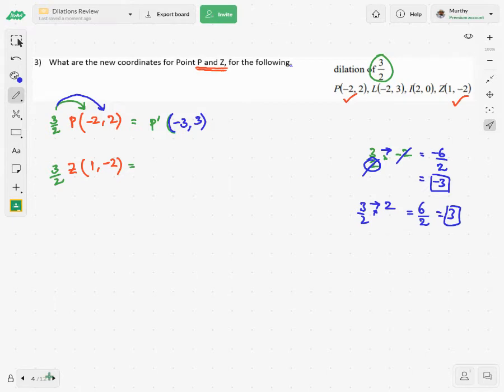This is P prime. Now, Z prime is 3 over 2 times 1. As you know, if any value is multiplied by 1, we'll end up with the same value. So you can write 3 over 2, or else if you use a calculator, you may end up with a decimal value, which is 1.5. 3 over 2 times negative 2, we already multiplied earlier.